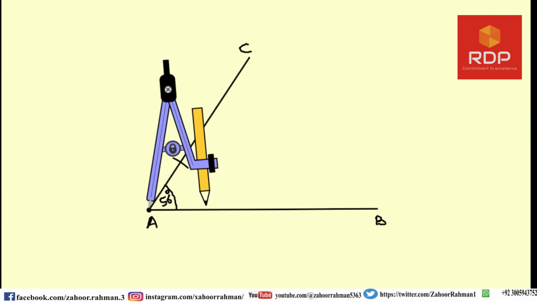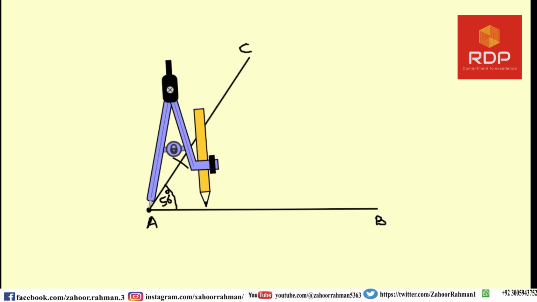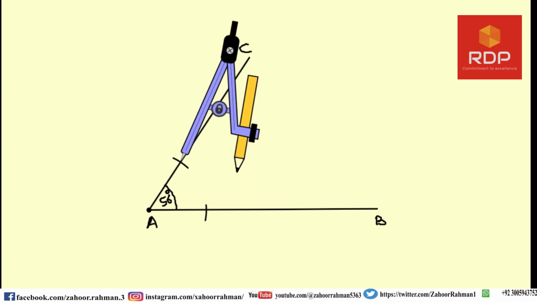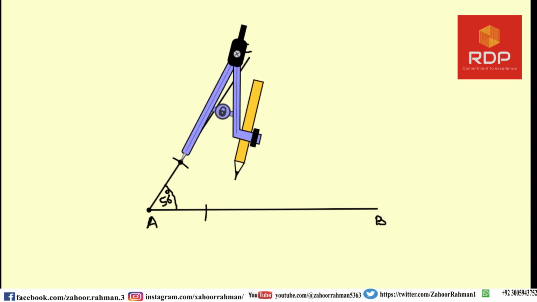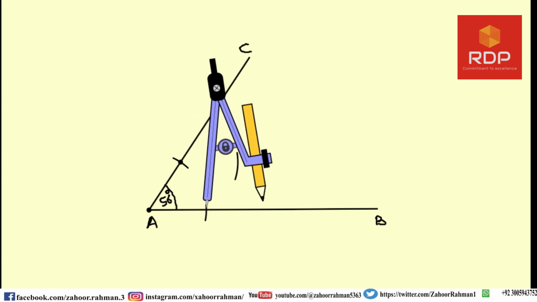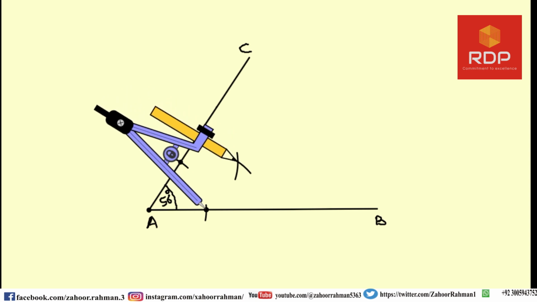You don't have to change the opening of these two arms of the compass, and here you have to draw another arc. Now you have to put the point here and draw an arc, and then here first or second, and then you have to draw an arc here as well.